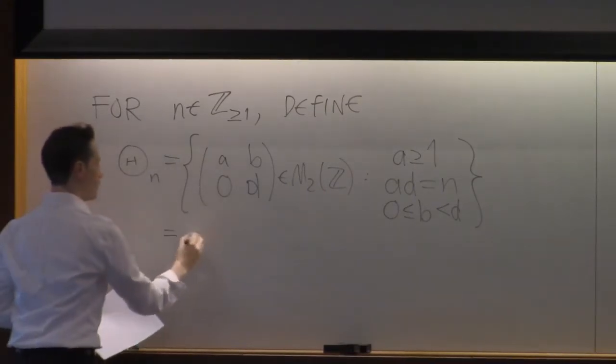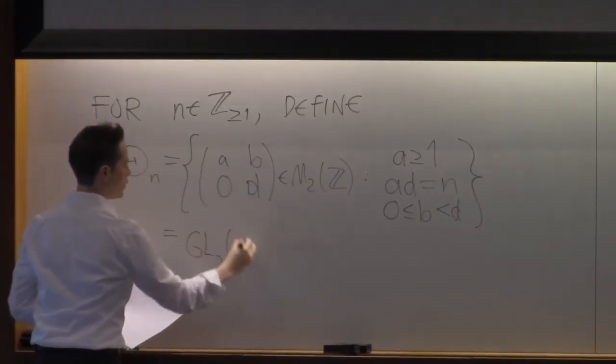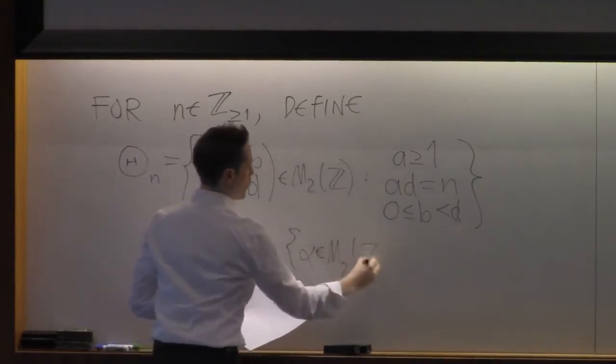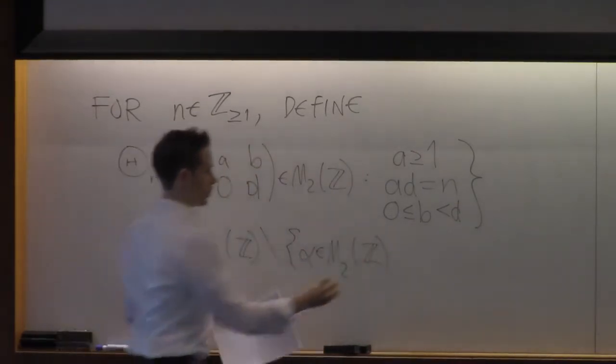I claim this is the same thing as taking GL2(Z) representatives of the set of all 2 by 2 matrices with determinant n.